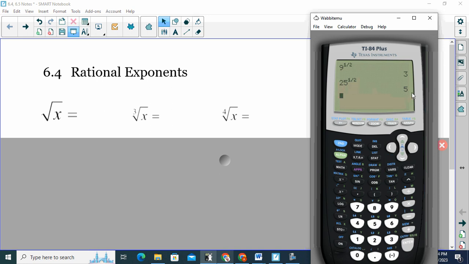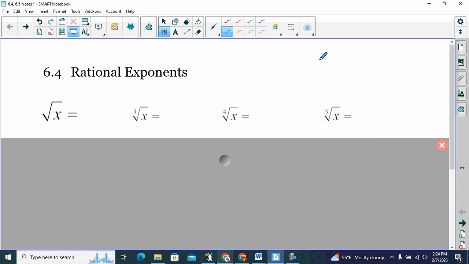Square root of 25 is 5. 100 to the 1/2 power is 10. Square root of 100 is 10. Notice the square root of x is the same thing as x to the 1/2 power. Square root is the same thing as the 1/2 exponent.